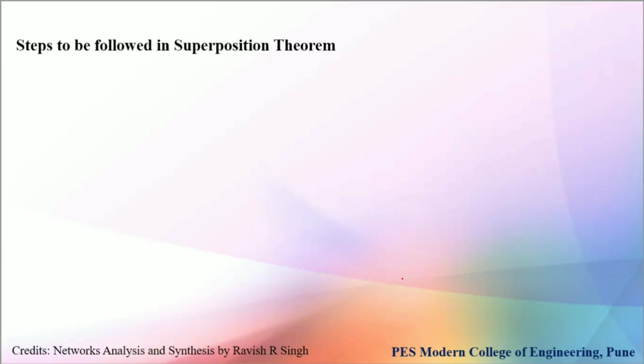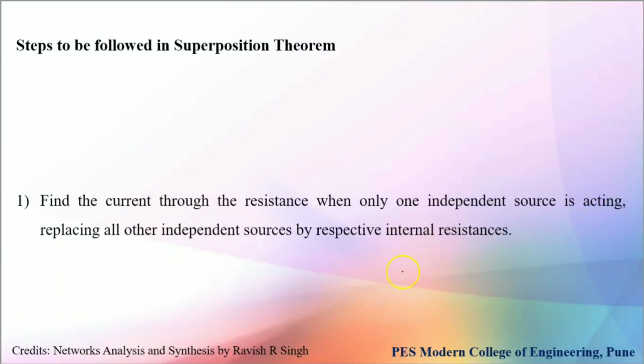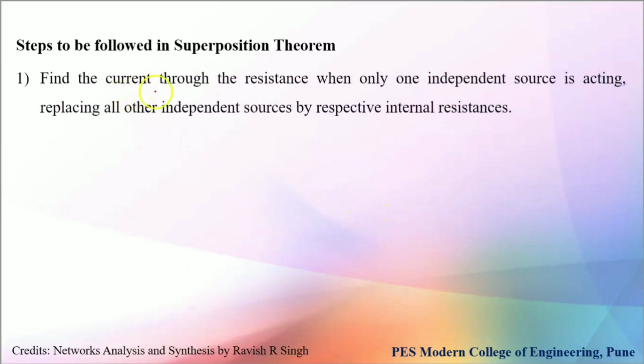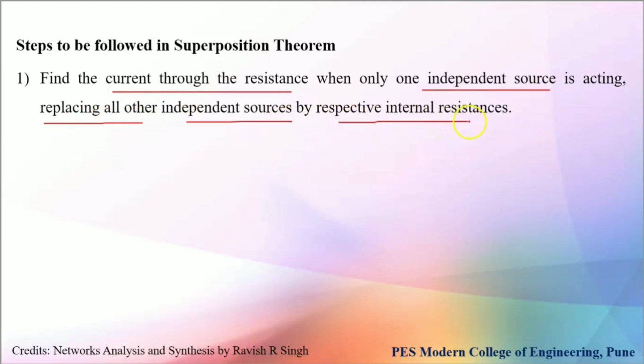Now, steps to be followed in superposition theorem. Step number 1: Find the current through the resistance when only one independent source is acting, replacing all other independent sources by their respective internal resistances.